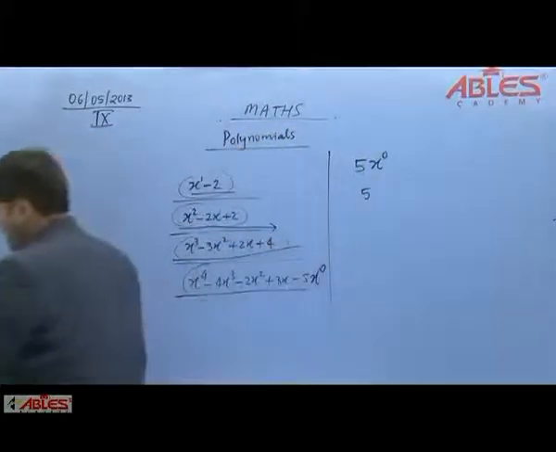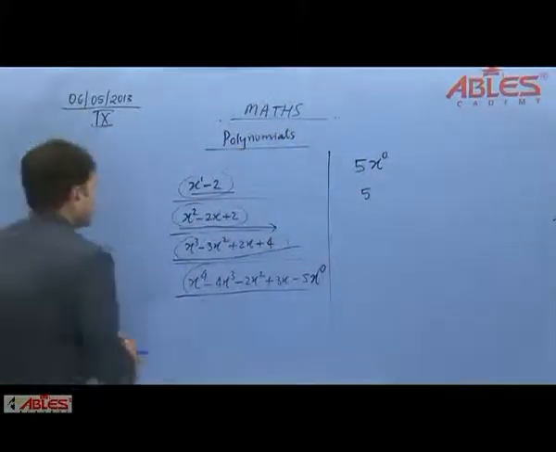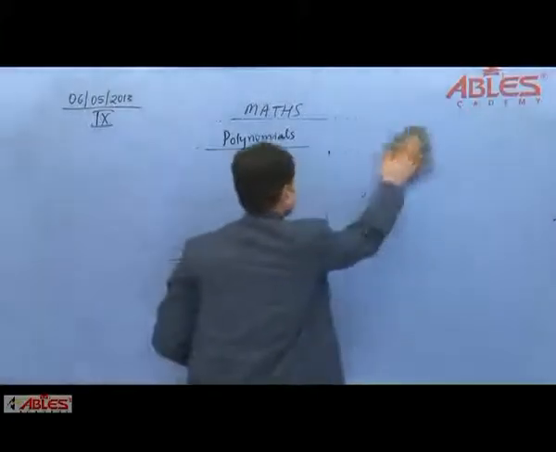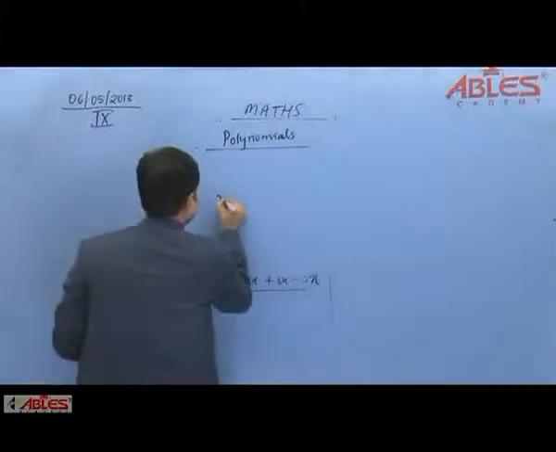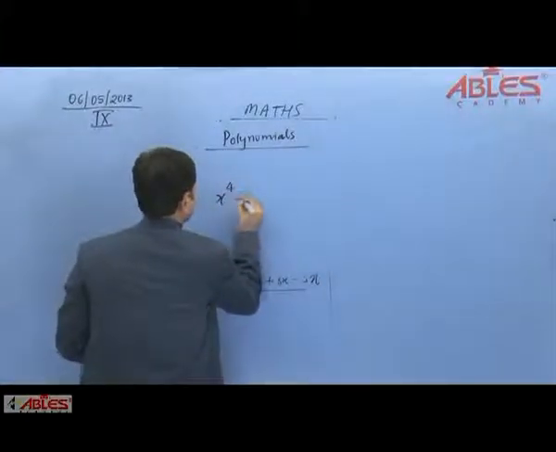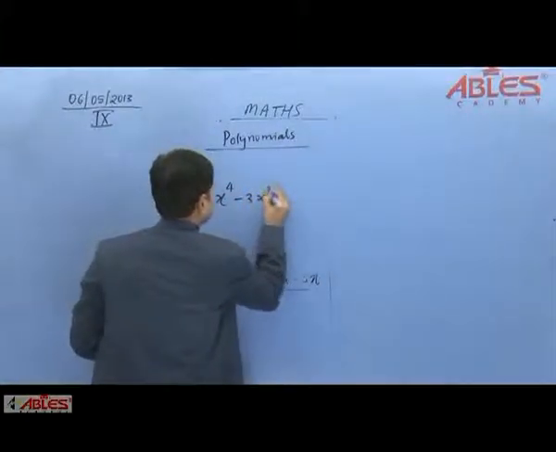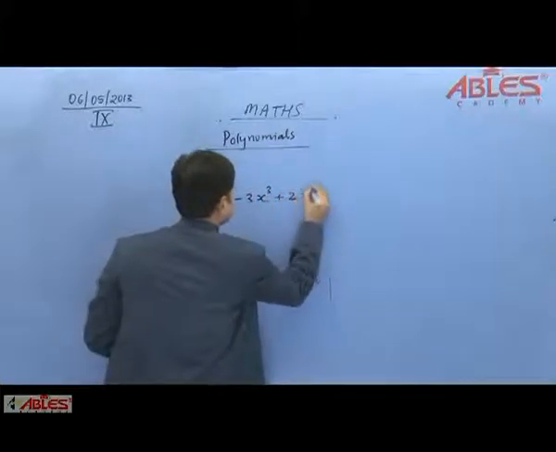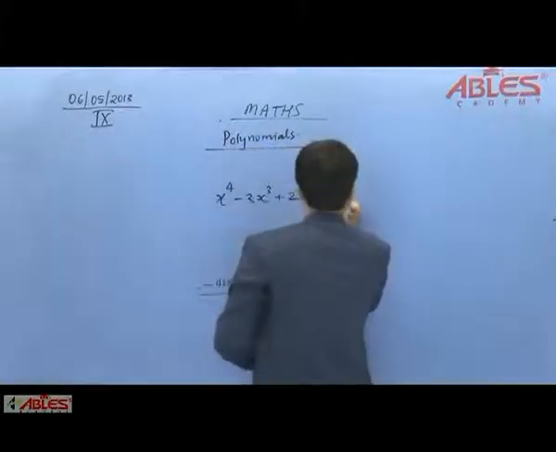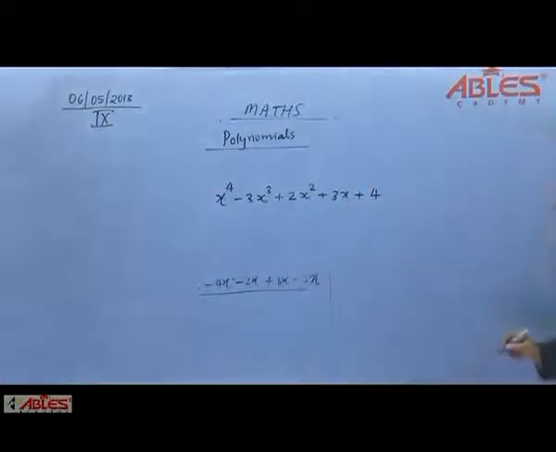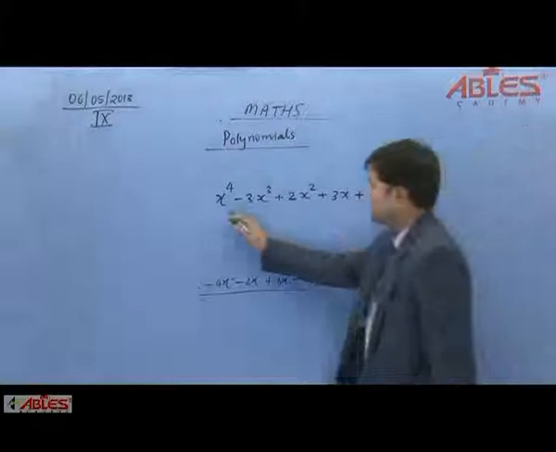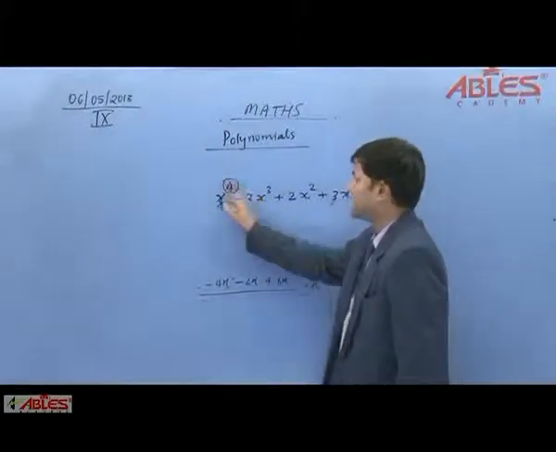Okay students. Now one thing regarding polynomials: whatever power you can notice here, you can see it's a polynomial. Whatever power we are getting in this case, we are getting power 4.